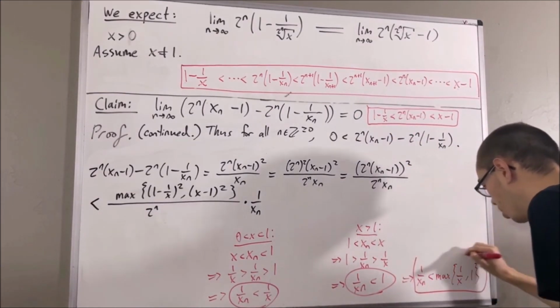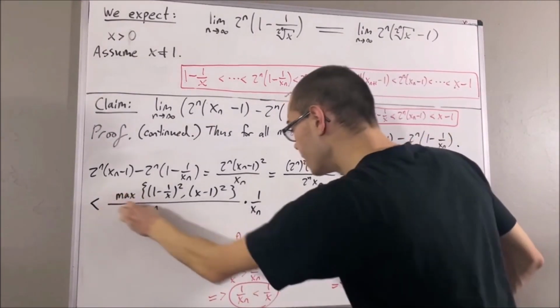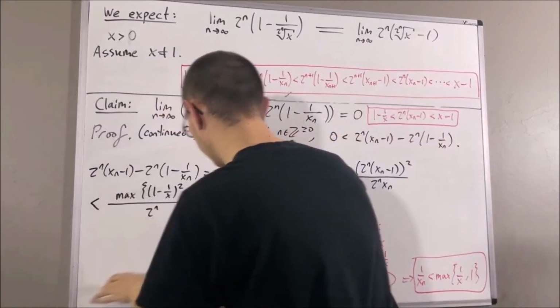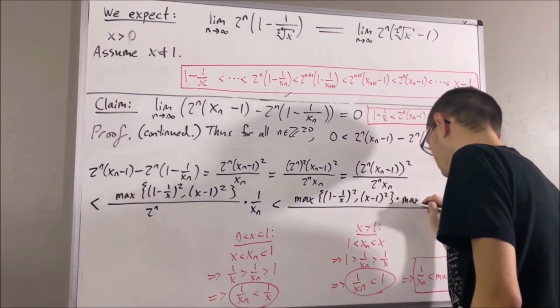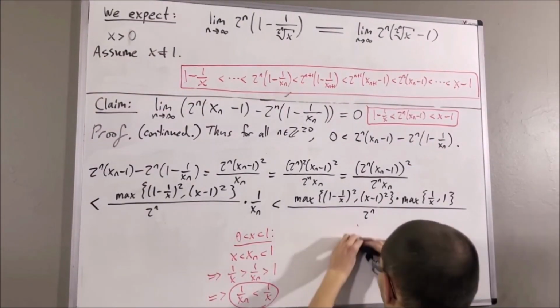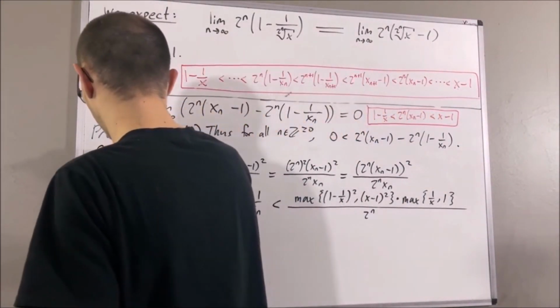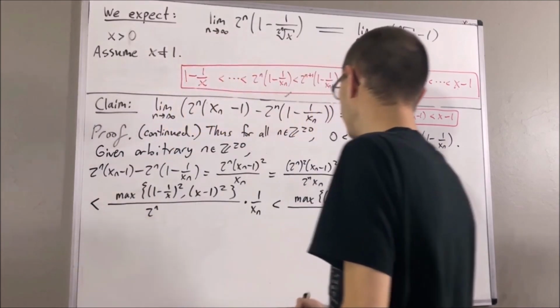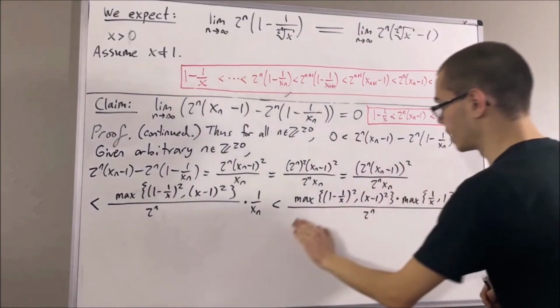So this must be true. And because this is true, we have that this guy must be less than this guy. Right? And we've shown this is true for an arbitrary n. So now we see 0 is less than this guy, which is less than this guy.